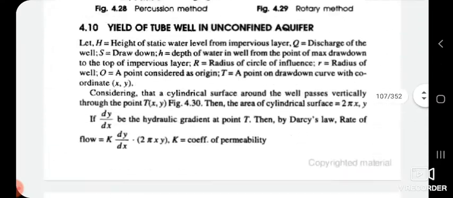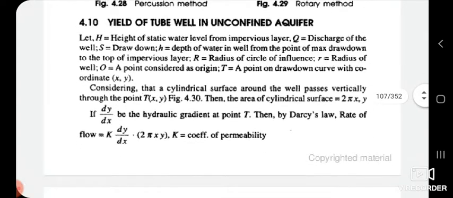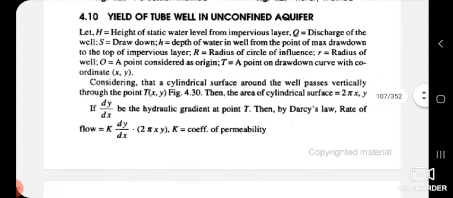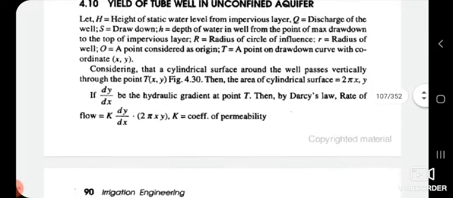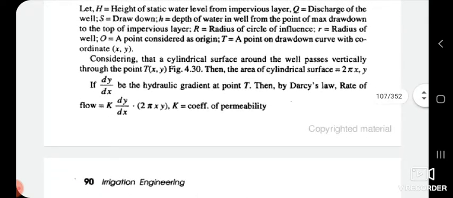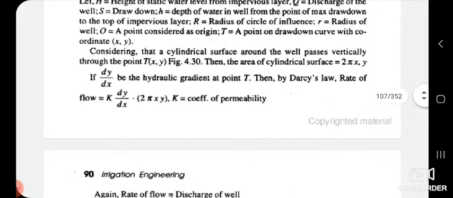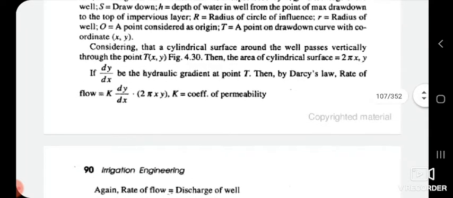Here it's for the unconfined aquifer, where capital H is the height of the static water level from the impervious layer, Q is the discharge of the well, s is the drawdown, and h is the depth of water in the well from the point of maximum drawdown to the top of the impervious layer, and capital R is the radius of circle of influence, and small r is the radius of well, and O is the point considered as origin.